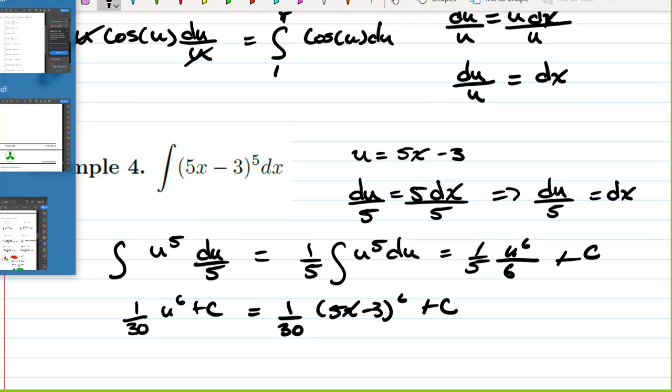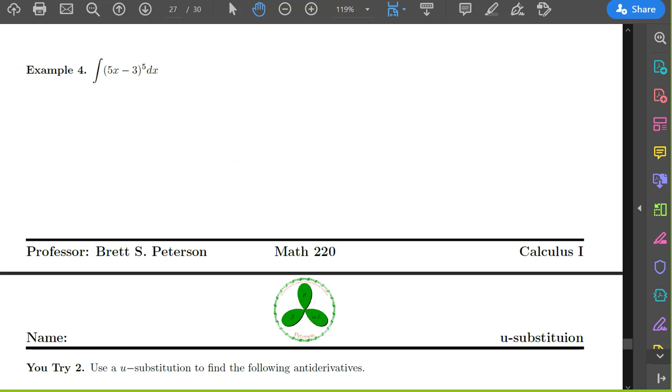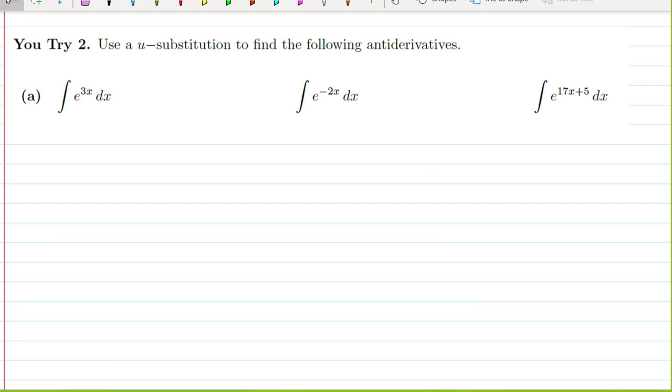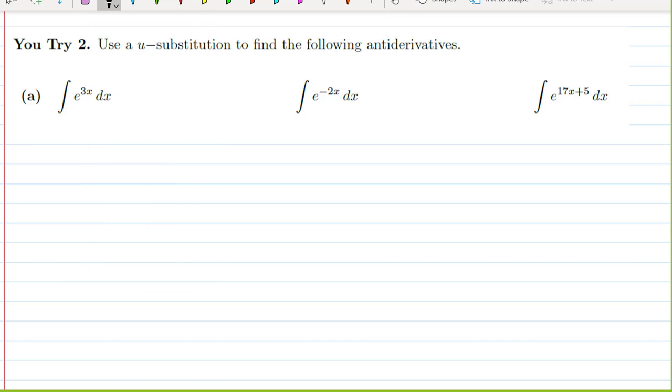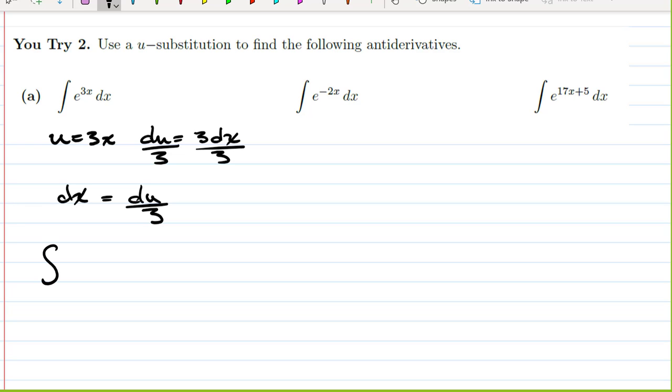All right, so the next thing we're going to look at is another U-try. For U-try number 2, we're going to want to make a U-substitution for each of these. So in our first one, we pick u equals 3x, and then that's going to give us du is equal to 3 dx, and we divide by 3, so that would give us that dx is du divided by 3.